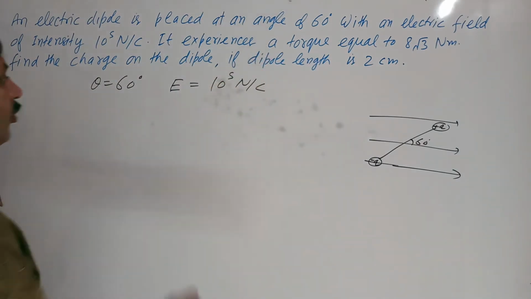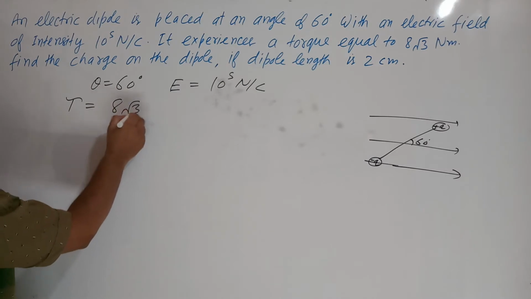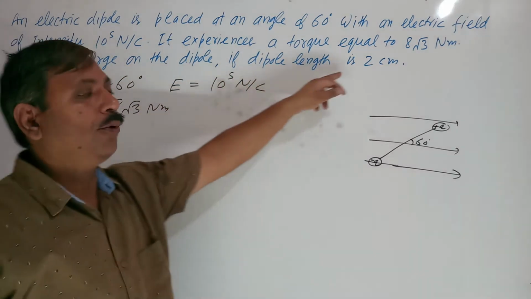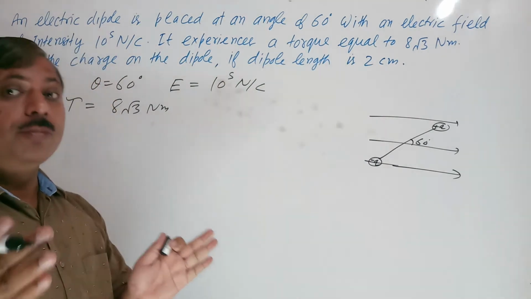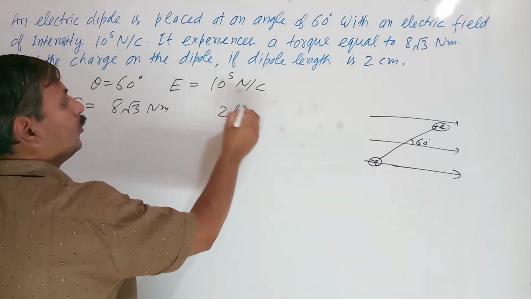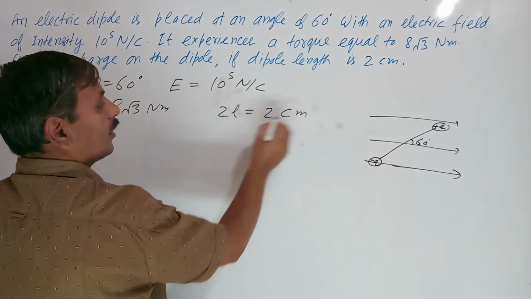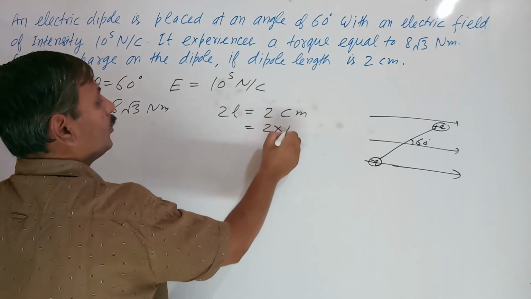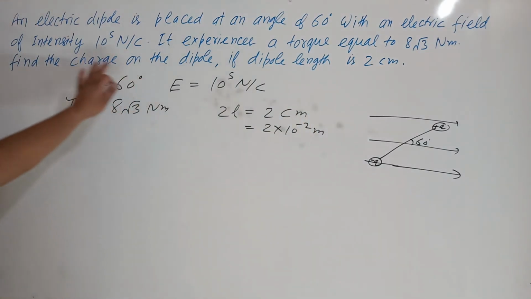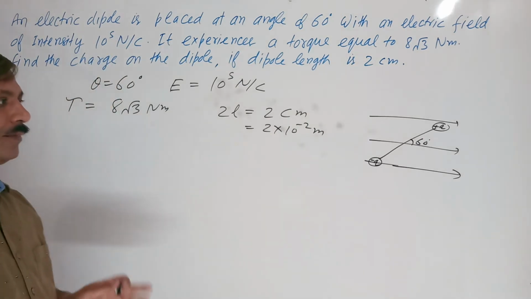It experiences torque, and the torque they have given is 8 root 3 Newton meter. And the dipole length we are assuming 2a, or 2L, they have given as 2 centimeter. Converting to meter, it is 2 into 10 raised to minus 2 meter. So they want the charge. So what will be the charge?